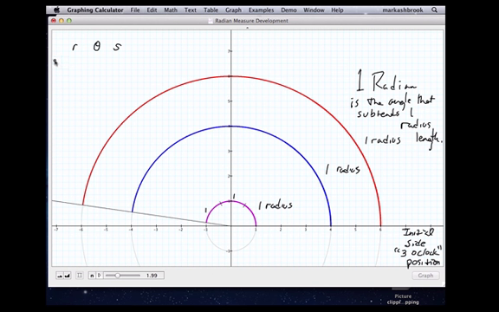So we got the purple, and we got blue, and we got red. So for each color arc, you're going to make a table here.